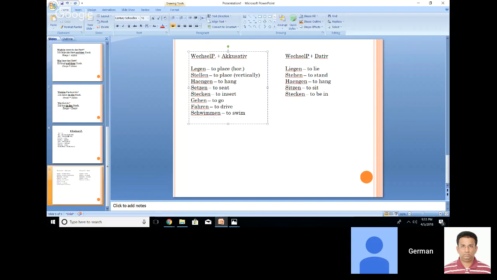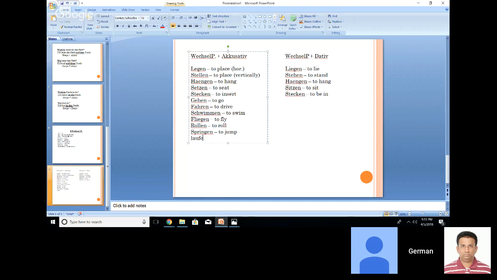Schwimmen is to swim. Fliegen is to fly. Rollen, to roll. Springen, to jump.